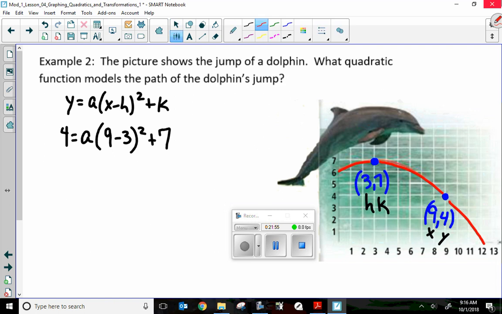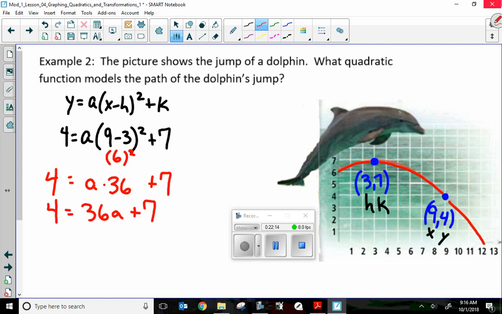All right, so 9 minus 3 is 6, and I gotta square that. That's 36 times A. I still have my plus 7, and it all equals 4. All right, I'm going to rewrite this now. 4 equals 36A plus 7.